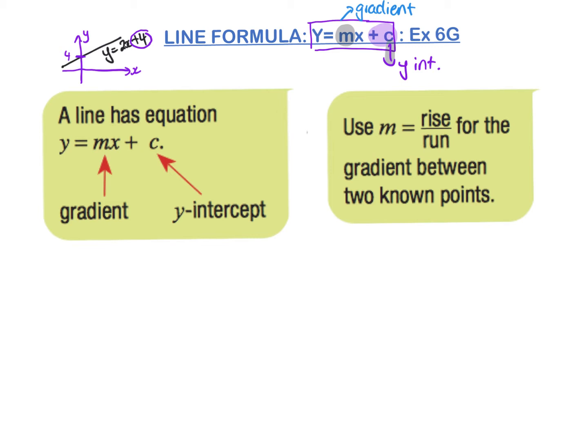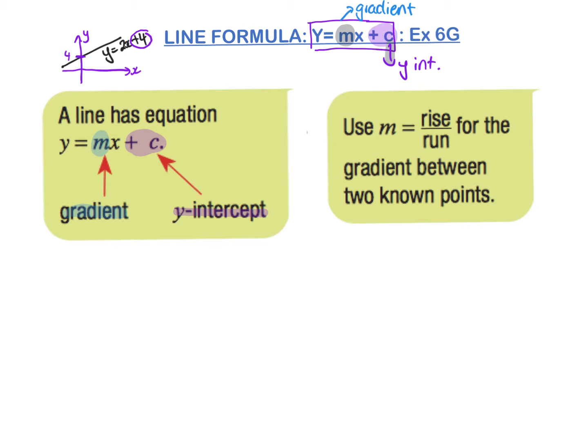So when you have a straight line, it will always have a version of this set out. It'll have y equals mx plus c, where m is the gradient, and the c value can be plus or minus, and is the y-intercept.